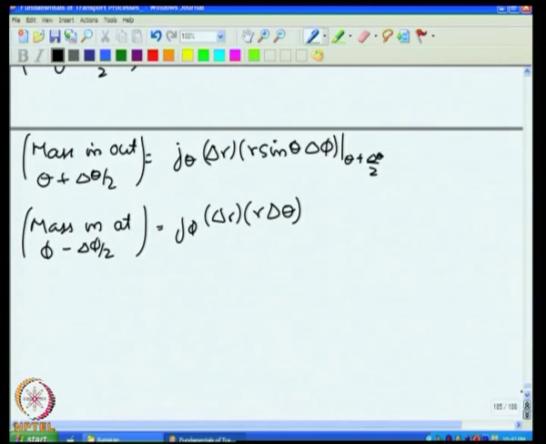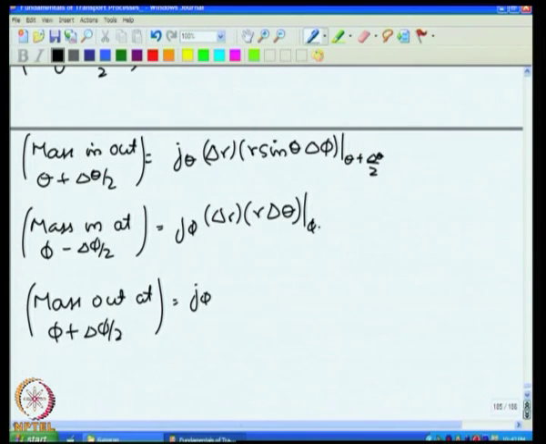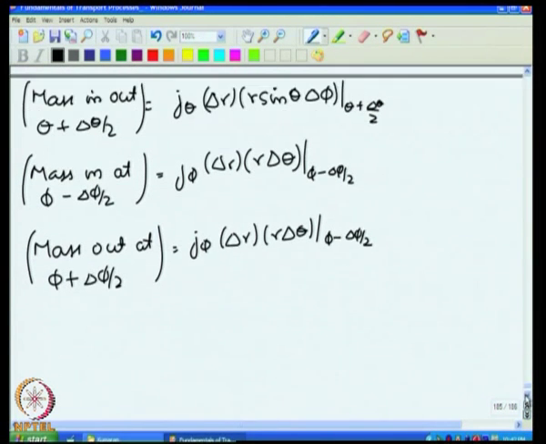Okay. And similarly, mass out at phi plus delta phi by 2 is equal to J phi times delta r times r delta theta at phi plus delta phi by 2. Okay. So, these are the masses in and out on all the surfaces due to diffusion.